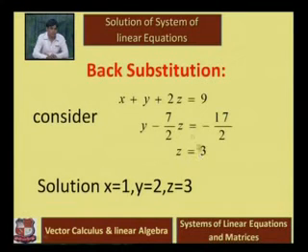Put this value in the second equation, we get the value of y. Put these two values of y and z in equation 1, we get the value of x. This process is called back substitution, and the solution we get using back substitution is x equals 1, y equals 2, and z equals 3.